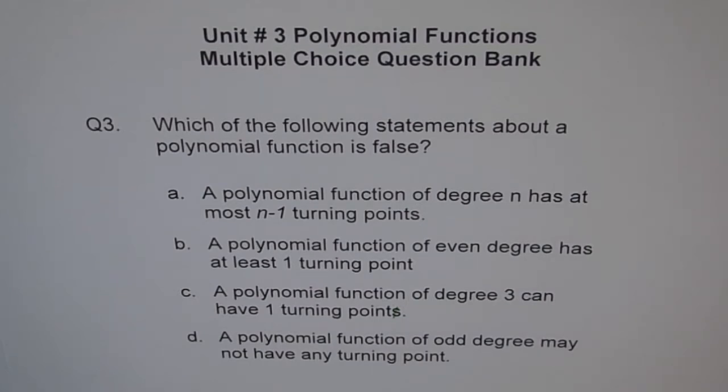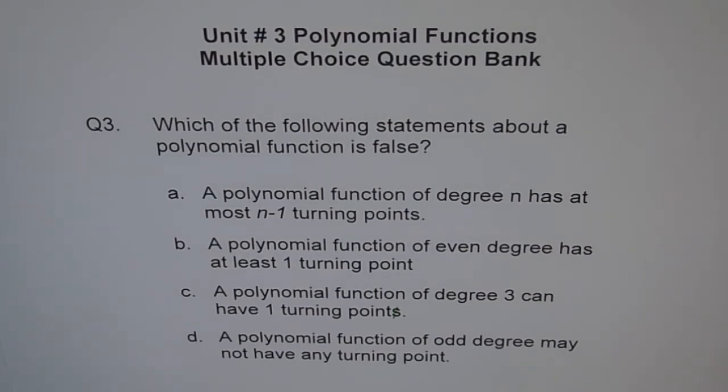D, a polynomial function of odd degree may not have any turning point. Now, read the options again and then mark the choice which is correct for this question. Okay, and then look into my solution.